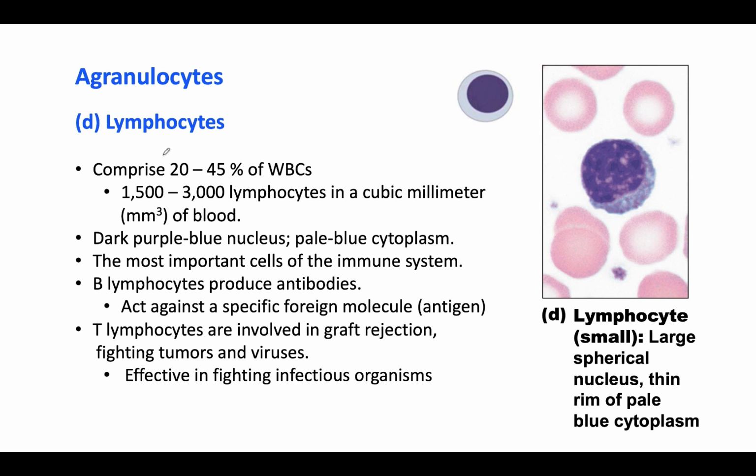It has a dark purple blue nucleus, a big nucleus, and outside the nucleus you might see an outline. The cytoplasm appears as a thin rim of pale blue. The most important function of a lymphocyte is in the immune system.